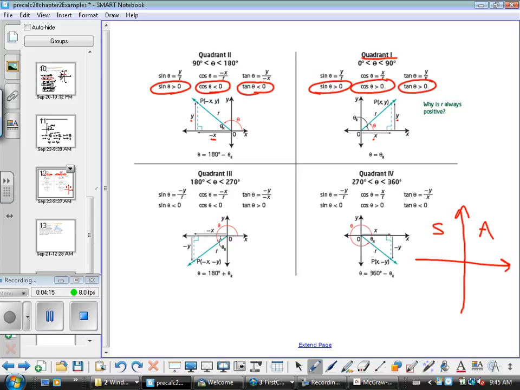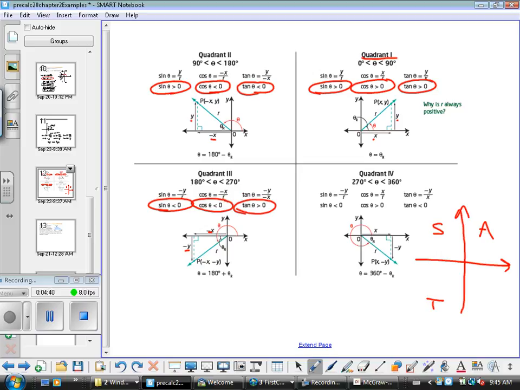In quadrant 3, we have both a negative y and a negative x. Of course, our r is always positive. Please remember that your r is always positive. That's going to give you a negative sine value and negative cos value, but when you put the y and the x both in tan, they cancel each other out and you get a positive tan. So tan is the only trig ratio that's positive in the third quadrant.